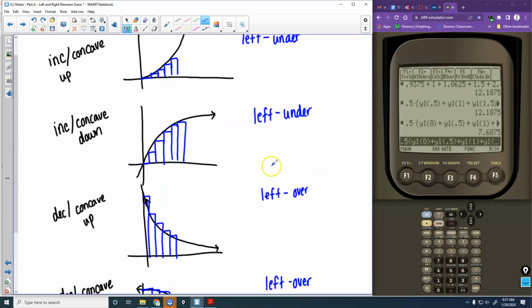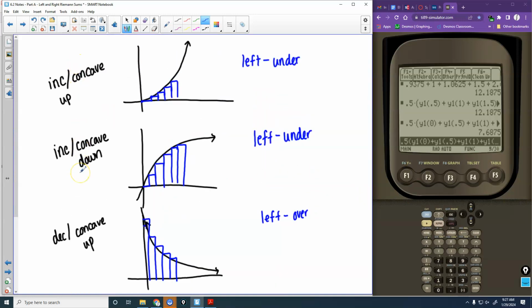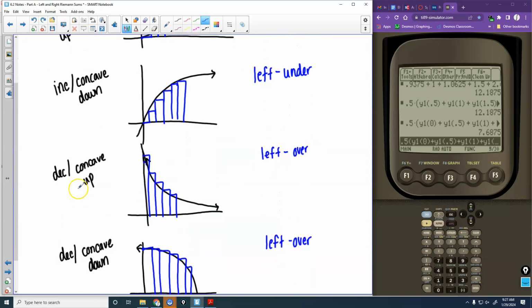So, concavity actually ends up not mattering on this, whether or not you'll get an overestimate or an underestimate. If you have a function that is increasing, your left Riemann sum is going to be an underestimate. Your right Riemann sum would be an overestimate. If the function is decreasing, left is an overestimate, right is an underestimate. If the function both increases and decreases, then you don't know if you have an overestimate or underestimate, because part of it would be an overestimate, part of it would be an underestimate.